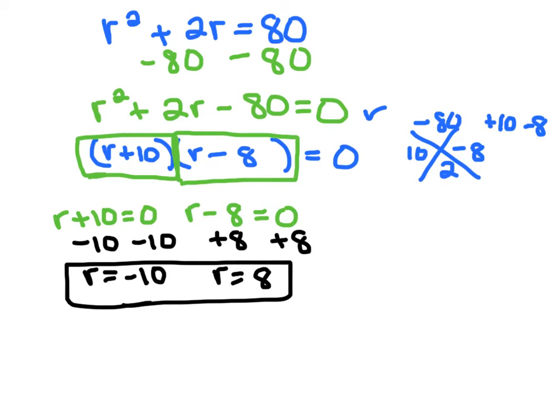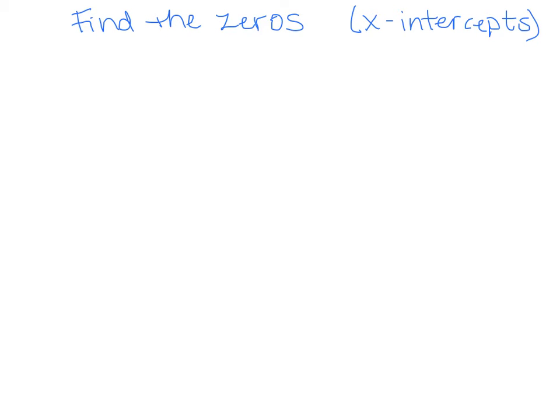All right, last concept. So hopefully you can squeeze this in at the bottom of your page. The last concept we're going to cover today is finding the zeros, which are also known as the x-intercepts. Remember that the x-intercepts are where a function touches the x-axis.